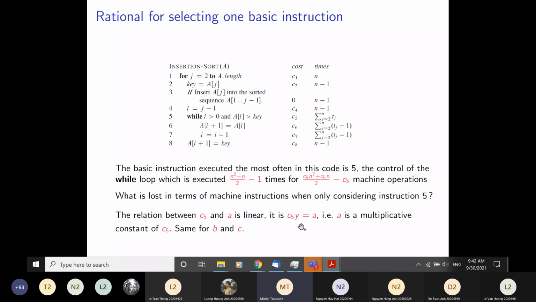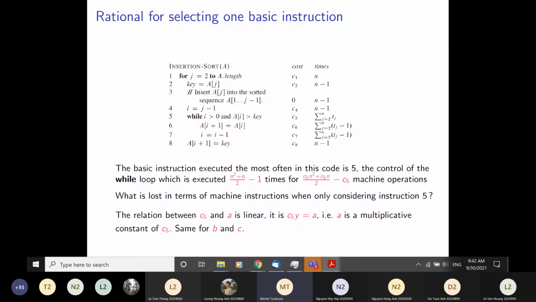The relationship between C5 and A is that A is y times C5. So C5 is smaller than A by some constant factor, and that's what we lost in terms of precision.